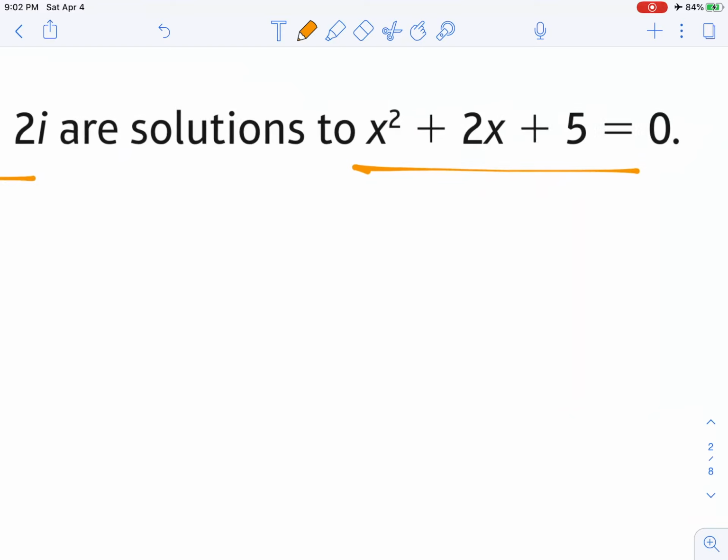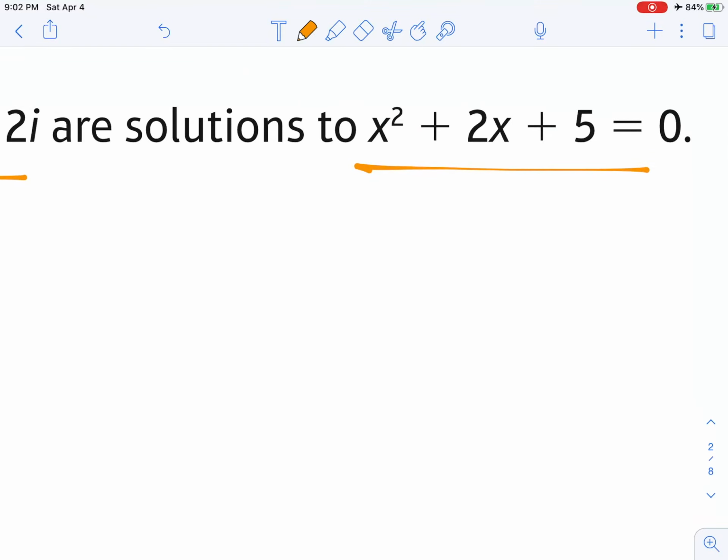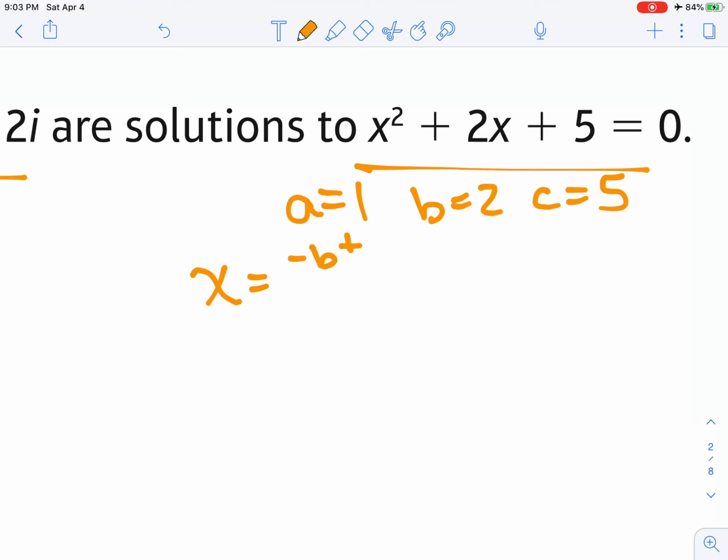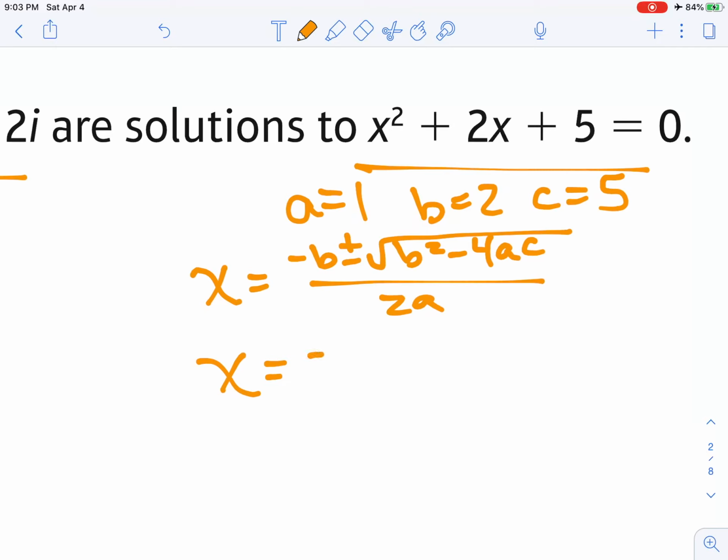So here on number 6, it wants us to verify that these two are the solutions to this. So let's find it out. So we have x squared plus 2x plus 5. My a value is 1, b value is 2, c value is 5. So x equals negative b plus or minus the square root of b squared minus 4ac all over 2a.